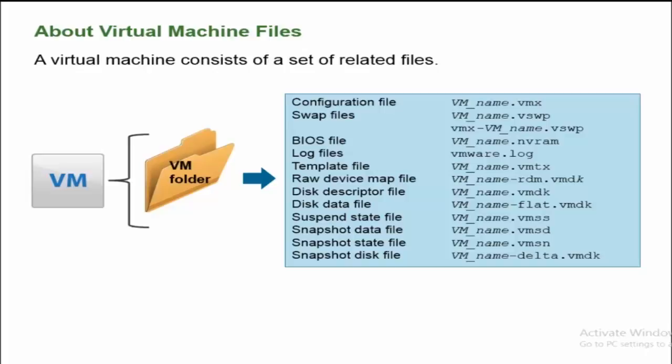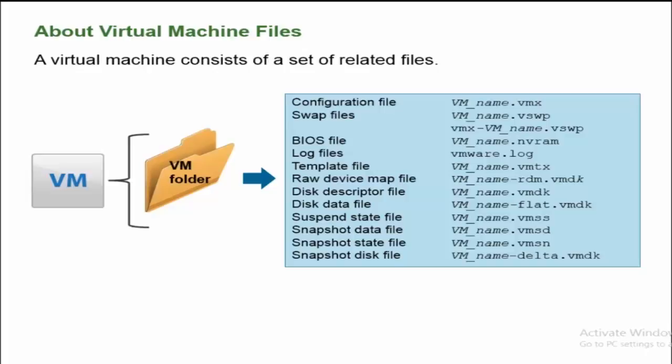So what is the frequency of the log files? I mean, when do the logs get created? Whenever we create a new VM, the logs get created for that new VM. Yes, right? When you power on, every power on and power off also gets recorded. So basically when you power on a VM, this log file is created, and when you switch it off, the log files are deleted.